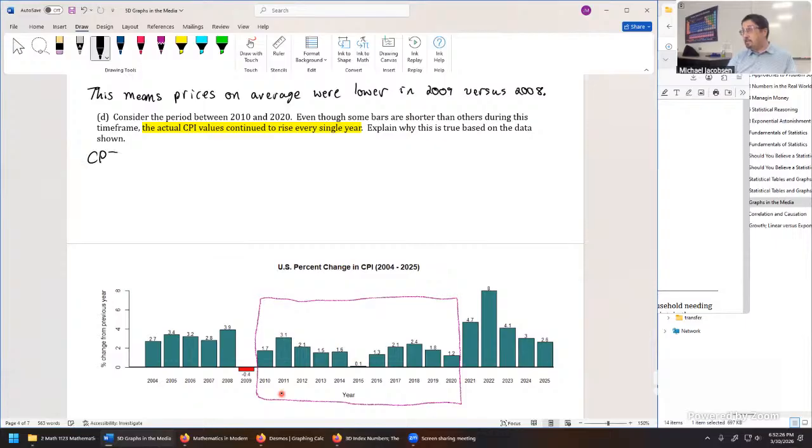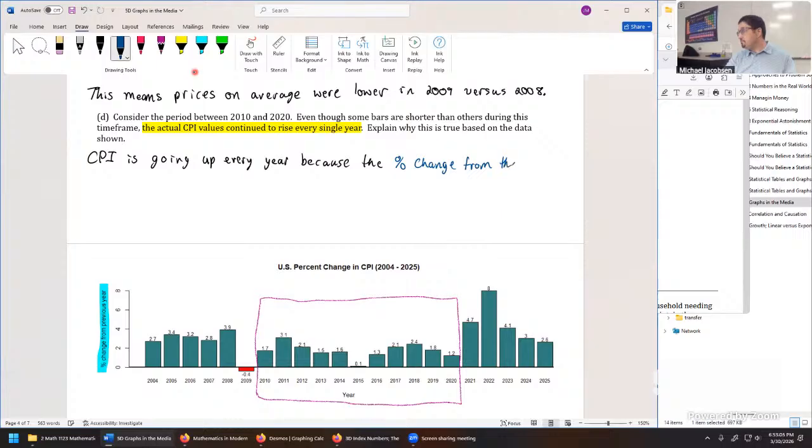We can say CPI is going up every year because, going back to this variable, percent change from the previous year is always positive.